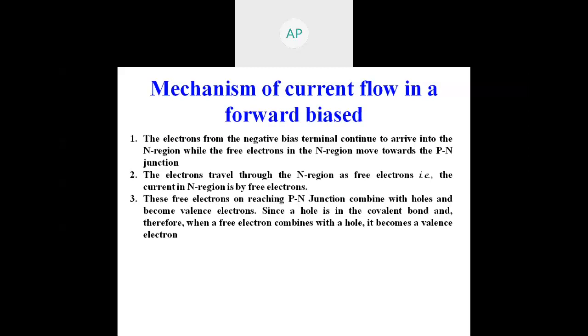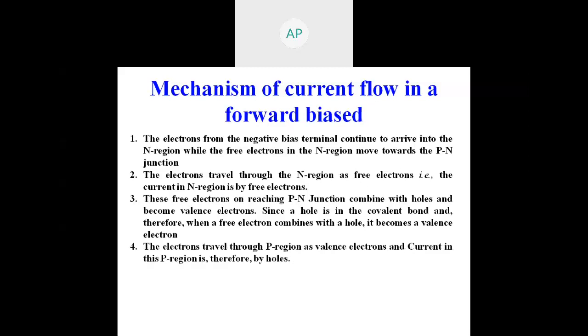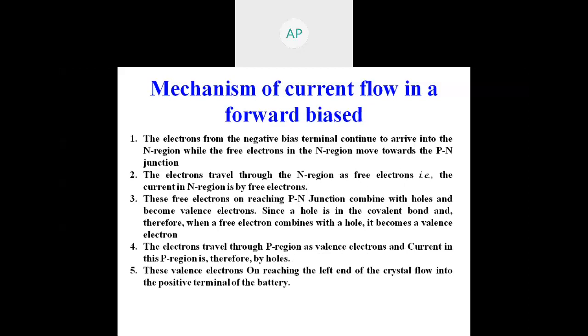Since the hole is in the covalent bond, when a free electron combines with a hole, it becomes a valence electron. The electrons travel through the P region as valence electrons, and the current in the P region is therefore by the holes.